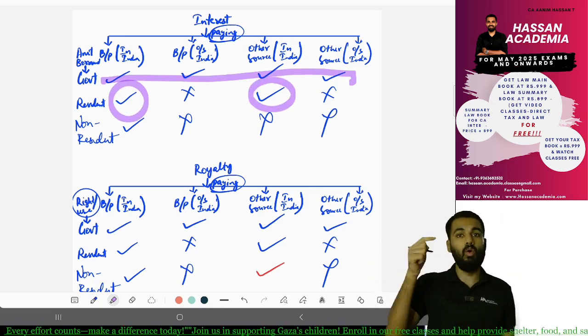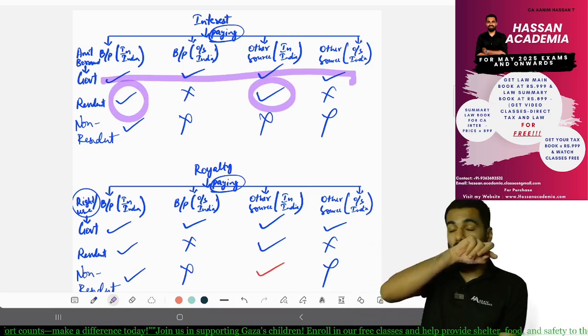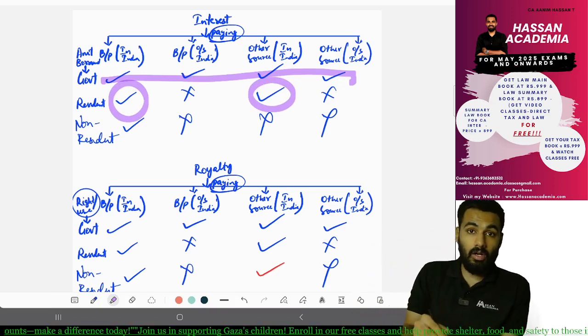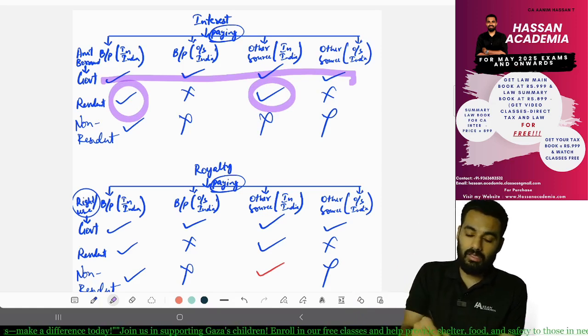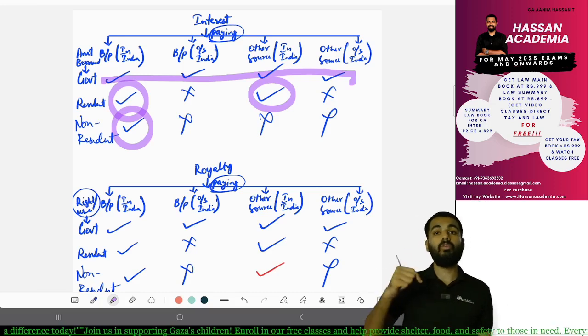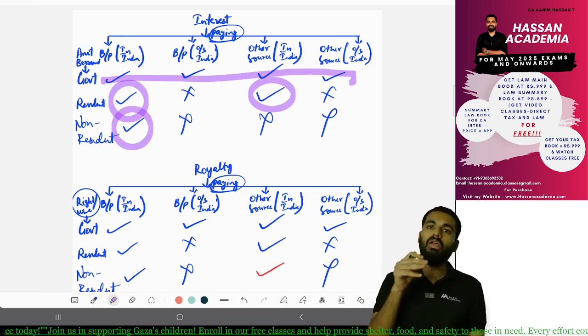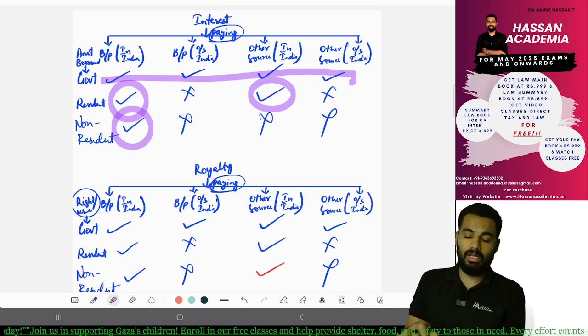Loan or borrowing should be invested in India. That only should be seen. But if it is a non-resident who is paying the interest, only and only if the amount borrowed is utilized in business or profession in India, then that interest will be accrued or arise in India.